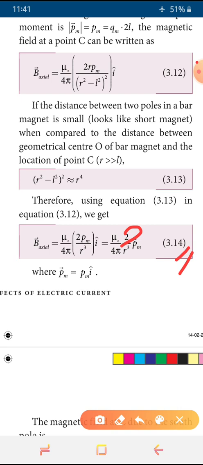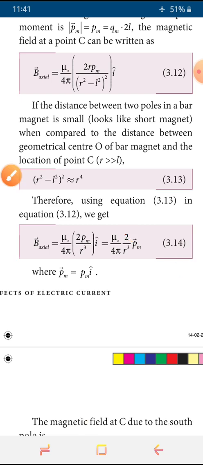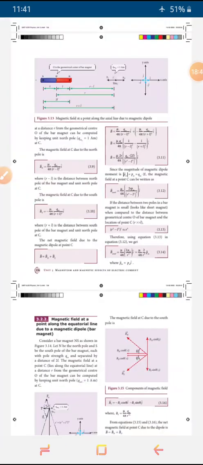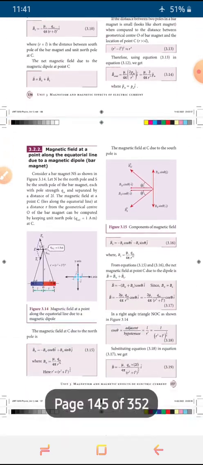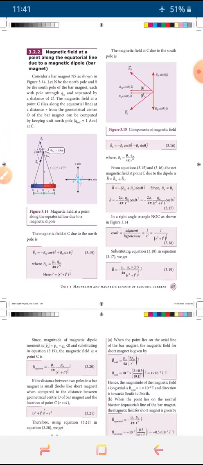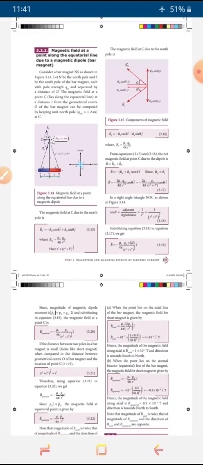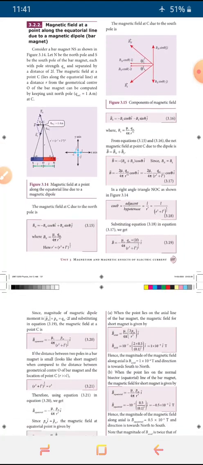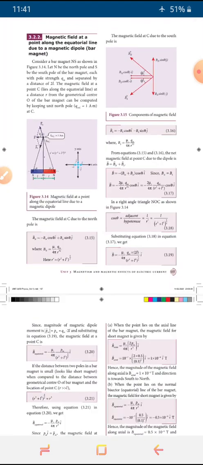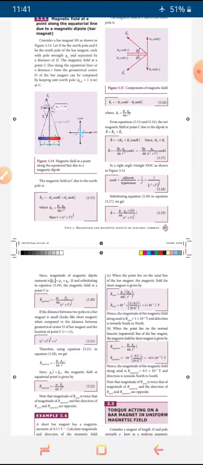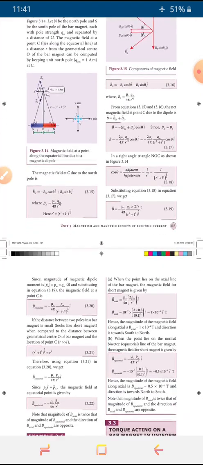I hope you understood this answer for the equatorial and axial line. This question you can take as homework, and it is a most important and easy 5-mark question. Mark this answer, study it thoroughly, and write it in your class homework note without seeing the answer. If any doubt, you can ask me through WhatsApp.